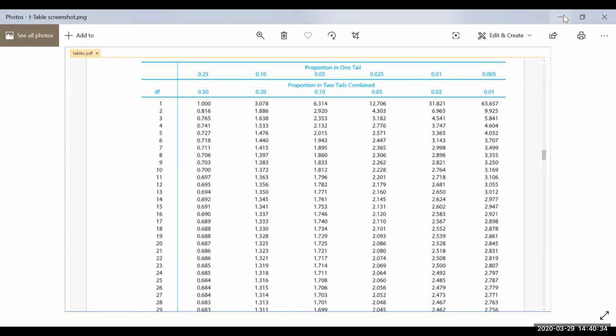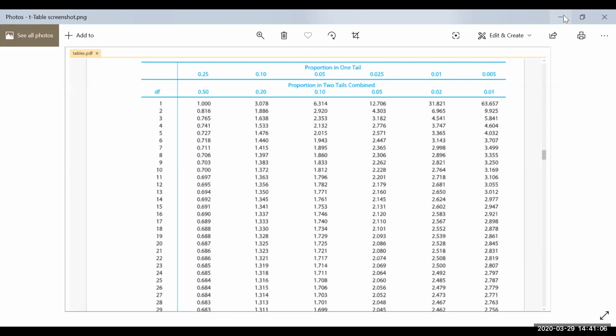Not only does this tell us what the degrees of freedom are, but it also tells us what the overall n is. So the t is positive 1.500, the p-value is greater than 0.05, the Cohen's d is 0.30, and r squared equals 0.09. So we're just plugging in those numbers.